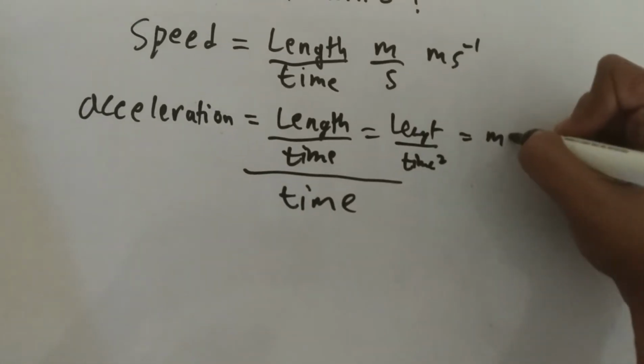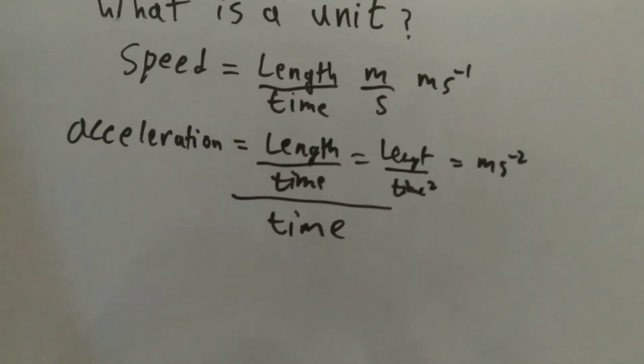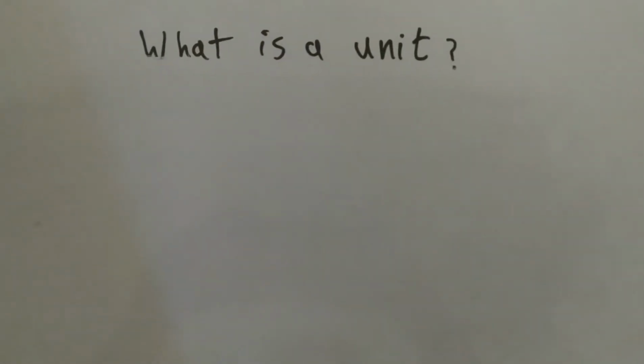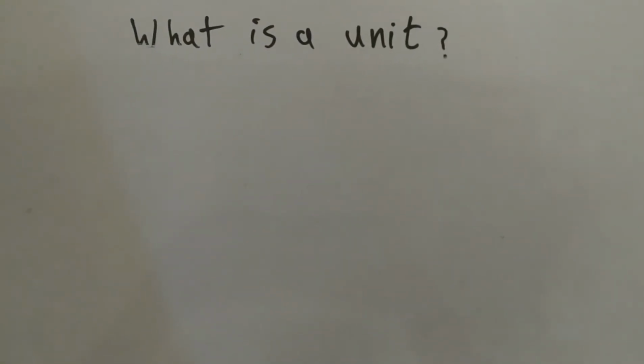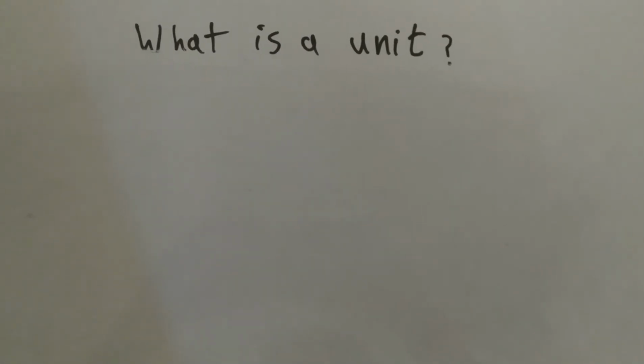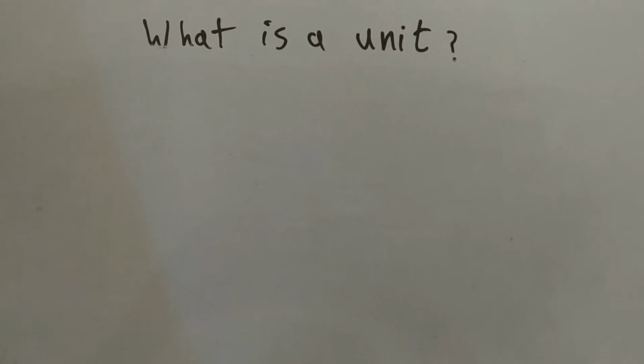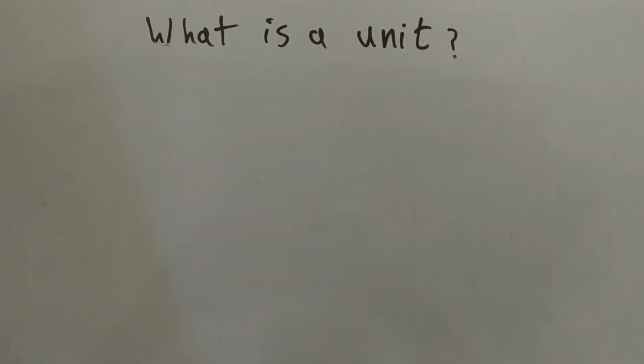That can be written as meter per second square. Now why are these called secondary physical quantities? Because they can be derived from the 7 fundamental quantities. The 7 fundamental quantities, you can't derive from any of them.